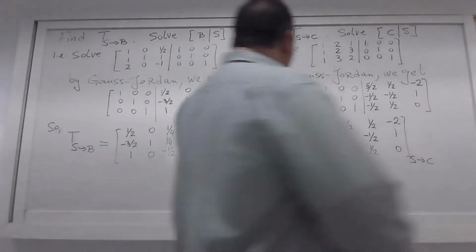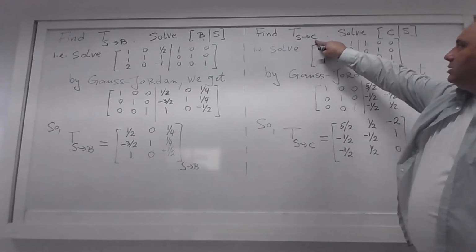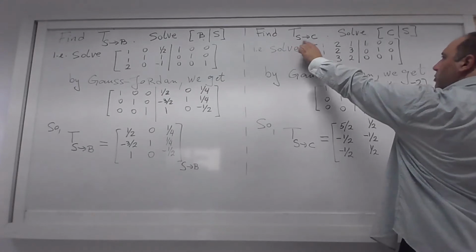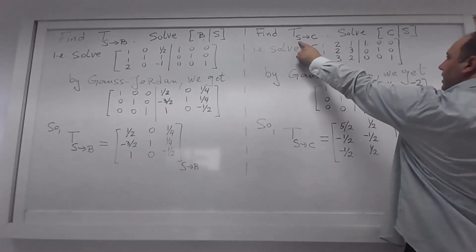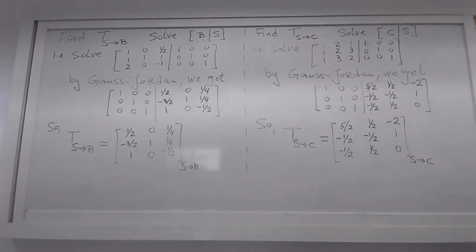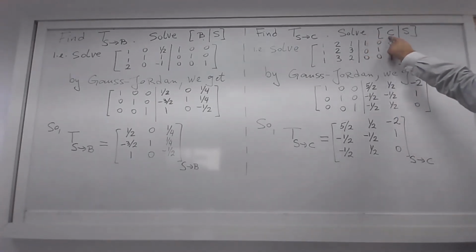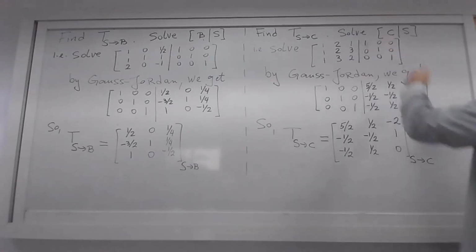Okay, so let's find now the transition matrix from basis S to basis C. So again, I need to express every vector in S as a linear combination of vectors in C. So the vectors from S will be on the right side of the equation, and the vectors from C will form the matrix. So I need to schematically solve C slash S. So I put the basis C here, the vectors in columns, slash the vectors from basis S in correct order.